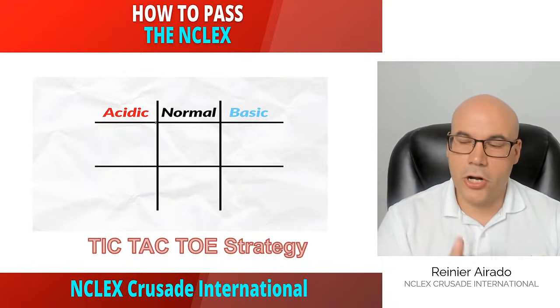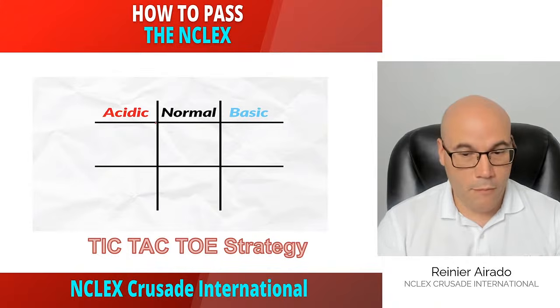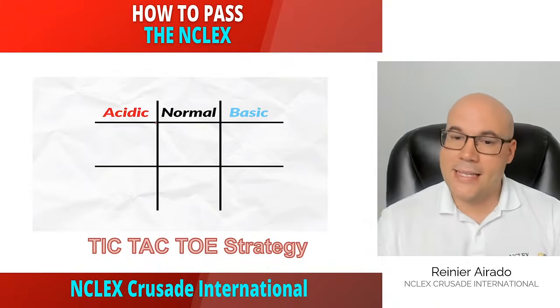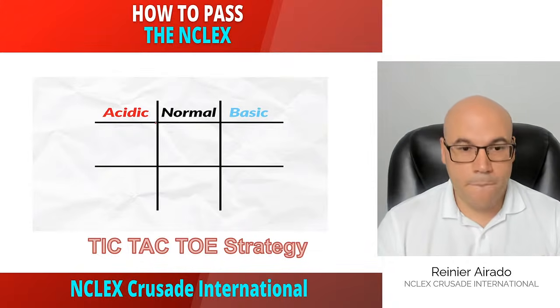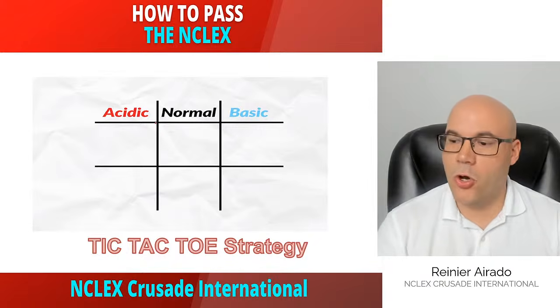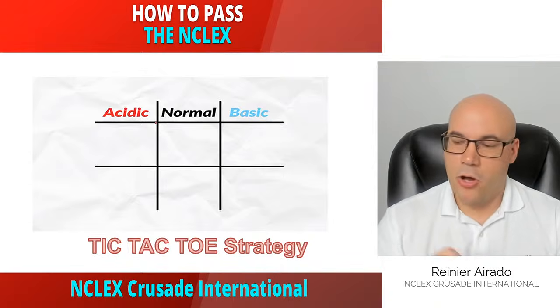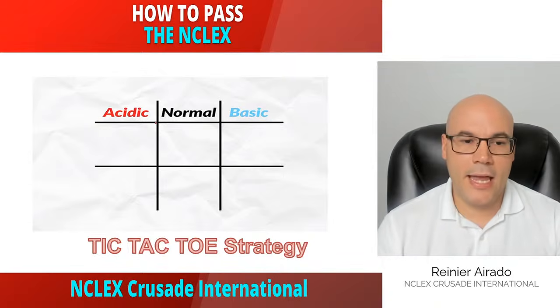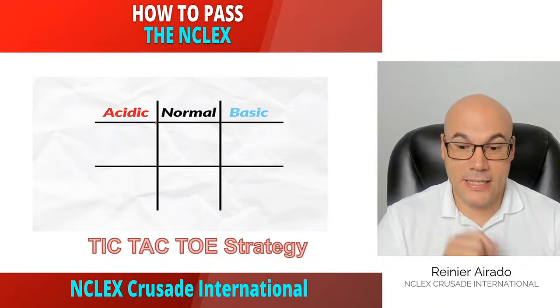In the center, you will put normal values. And on the right side, you will put basic or alkalosis. I will show you step by step how to use this strategy, and you will see different scenarios.